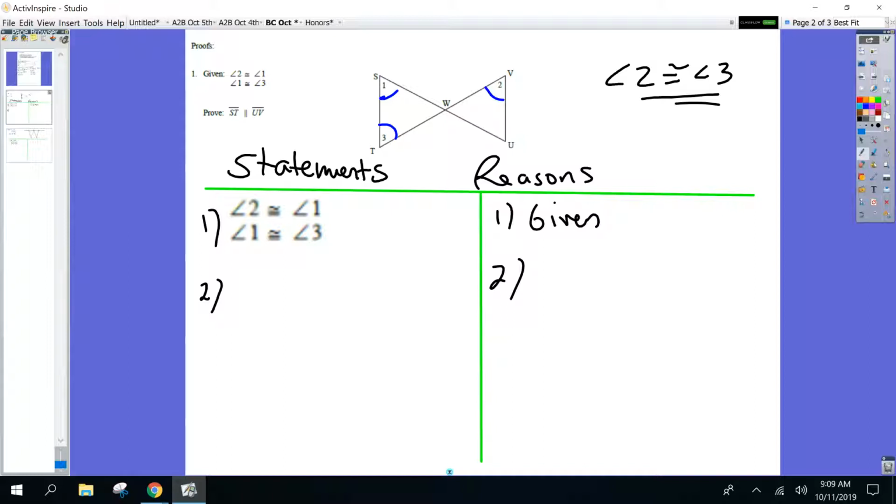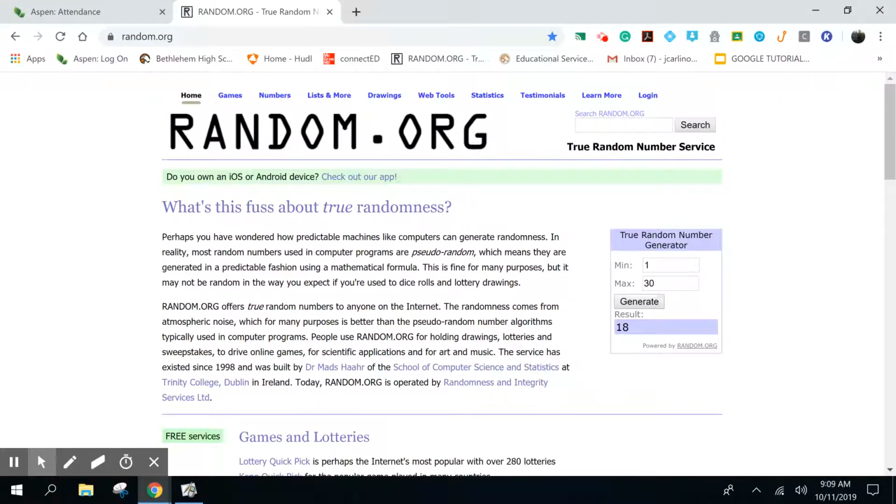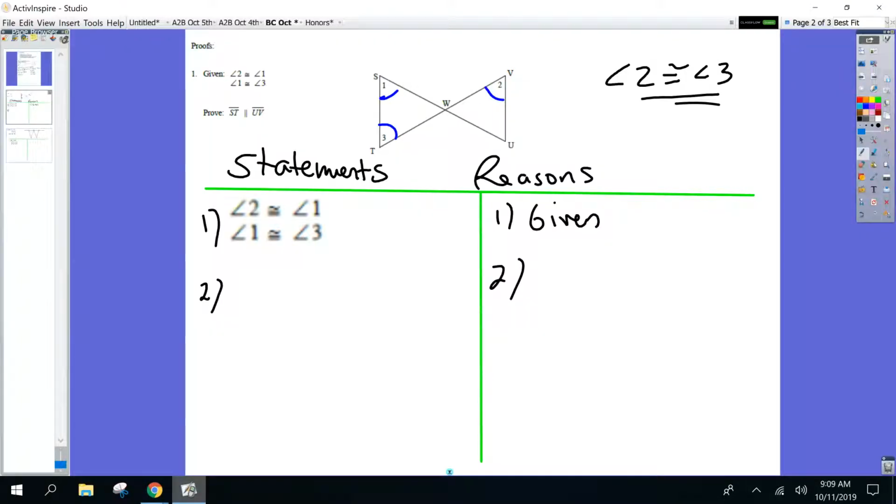So stay away from that. Some other method needs 2 congruent to 3. Look at the 2 givens. Any thoughts on how I can get 2 and 3 congruent? Yes, there you go. So 2 is indeed congruent to 3 because of substitution.